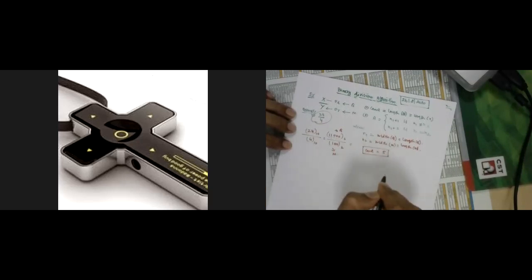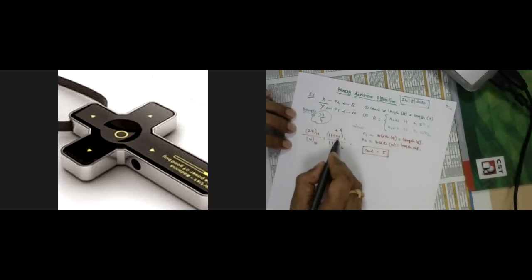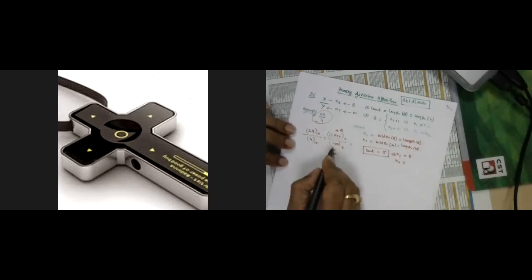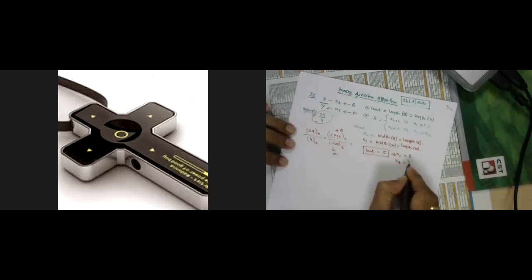The count represents the width of Q. Therefore, count equals 5, and N1 is also equal to 5. N2 is equal to the length of M. Here M equals 4, which is represented in 3 bits, so N2 is equal to 3.